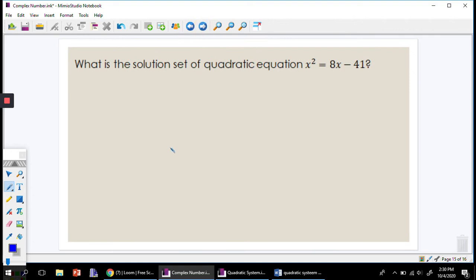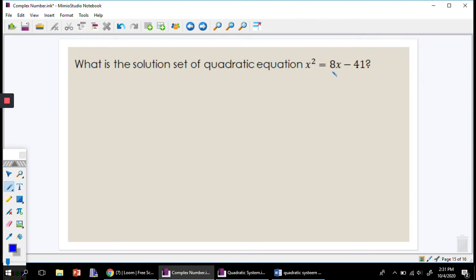Next, what is the solution set of quadratic equation x squared equals 8x minus 41? So let us use the quadratic formula again to solve this one. As you can see, the given equation is not in standard form. So we have to rewrite this first in standard form. To do that, we have to equate this to 0.